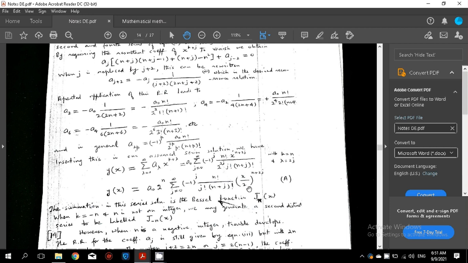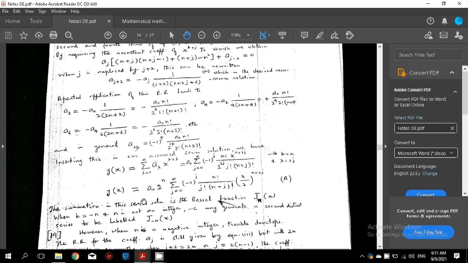What about the second? We have to repeat these processes, but luckily, the second root is k is equal to minus n, while the first root was k is equal to plus n. So you simply put n is equal to minus n and you reach the second solution, y of x, with n equal to minus n.